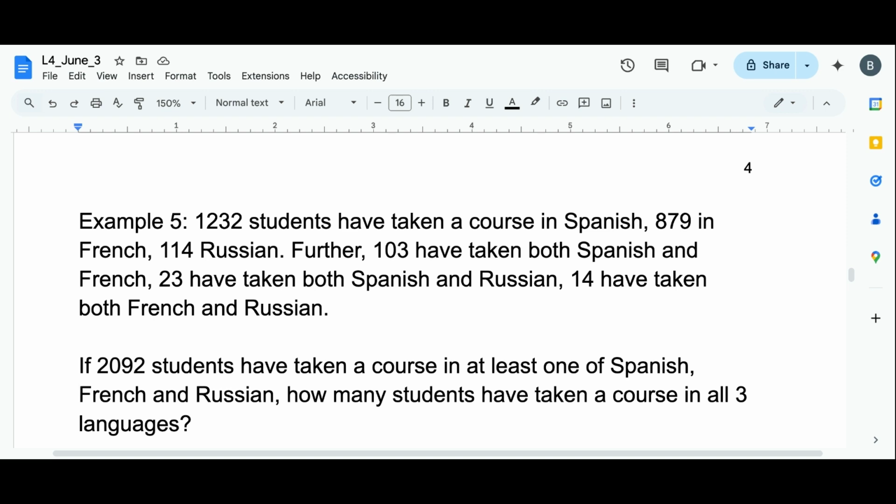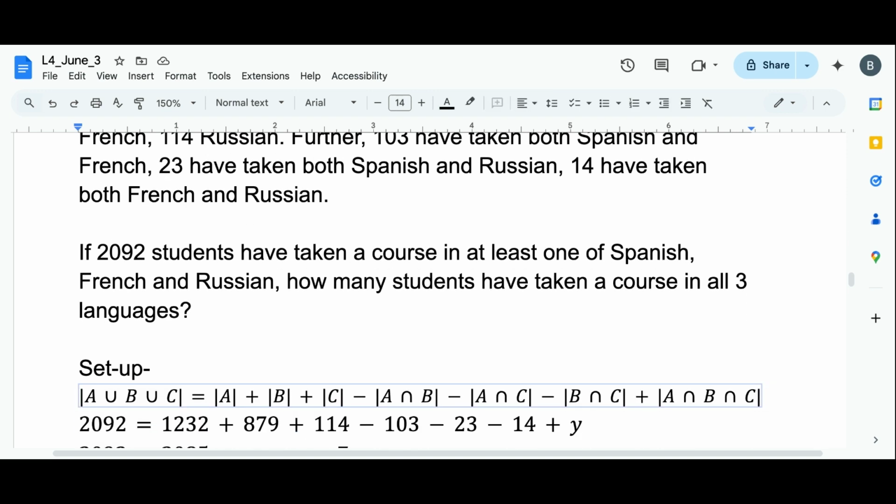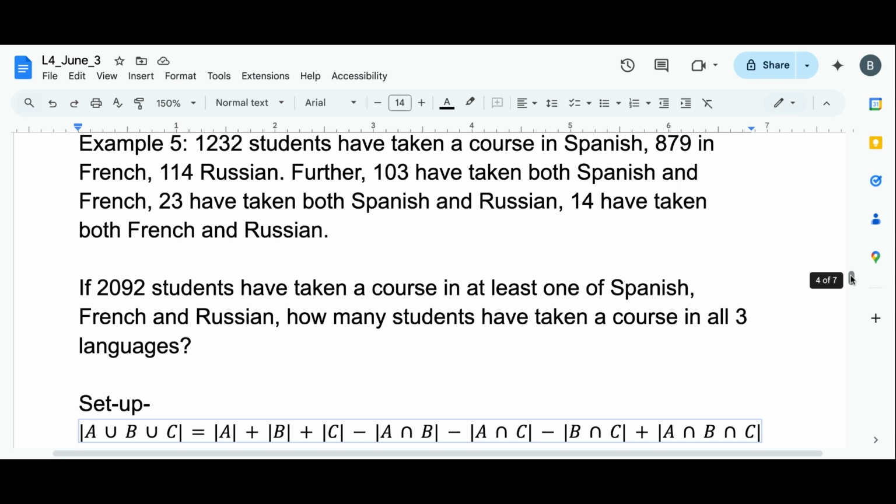How many have taken a course in all 3? So we're going to use the inclusion exclusion formula here. We know that 2,092 students have taken at least one of these courses. So that's the union of the 3 sets, A union B union C. Then we put the individual values in here for the absolute magnitude of A, B, and C, size of the sets.